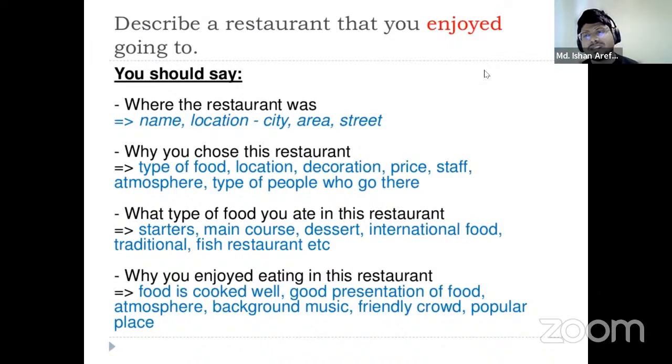But when you are particularly talking about your particular occurrence of going to that restaurant, you have to use past tense. So making use of present tense and past tense, or making a mixture of the tenses here, is very important, and you should know how to mix the tenses here.